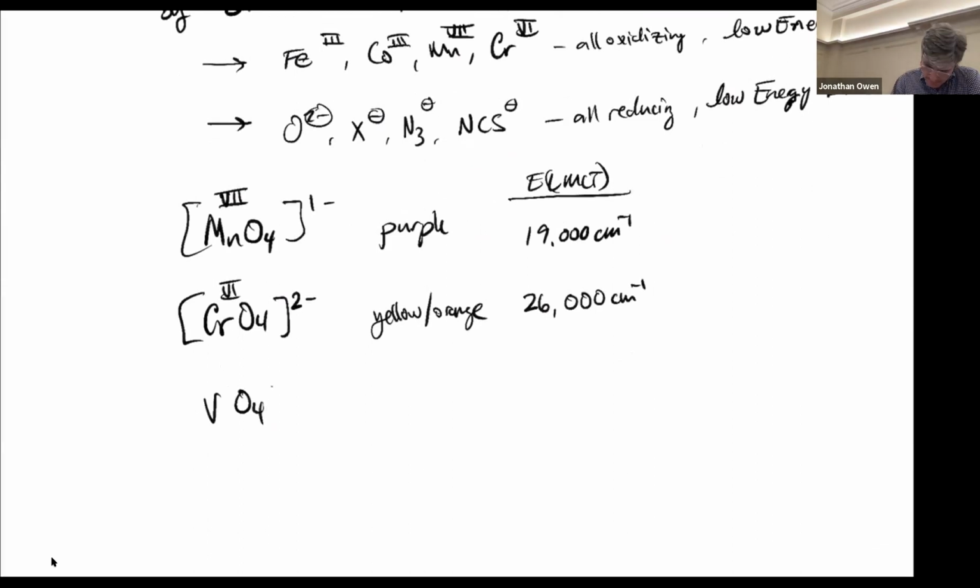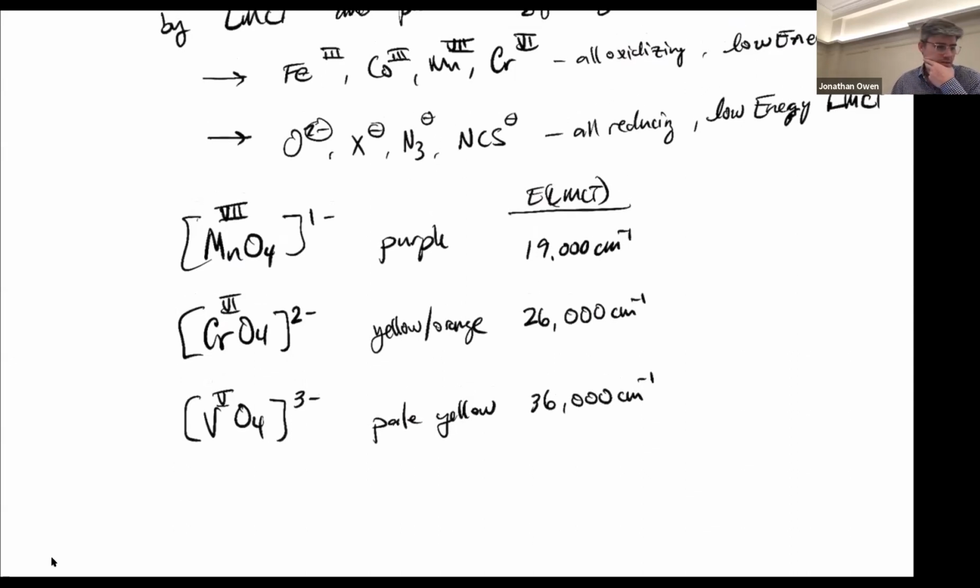Vanadium, the vanadate ion. This guy is pale yellow. And the energy of the LMCT is 36,000. So as you go from manganese toward vanadium, you're going from a +7 metal center to a +5 metal center.